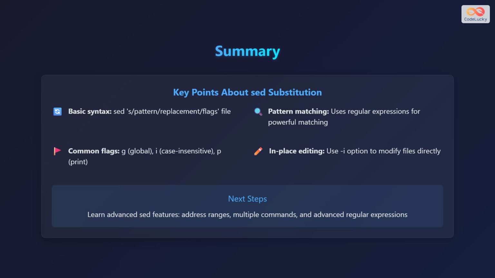Common flags include g for global replacement, i for case-insensitive matching, and p for printing lines where substitutions occur. Lastly, in-place editing is achieved using the -i option, allowing you to modify files directly. For your next steps, consider learning more advanced features of SED, such as address ranges, multiple commands, and advanced regular expressions. Thank you for watching this tutorial.